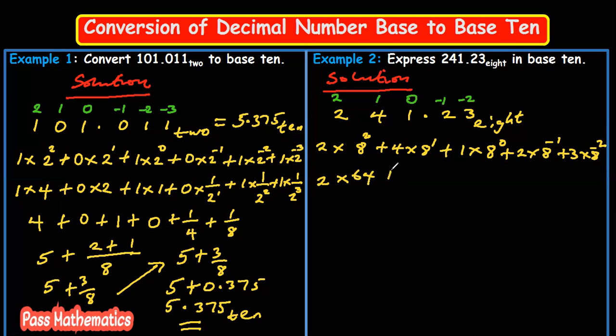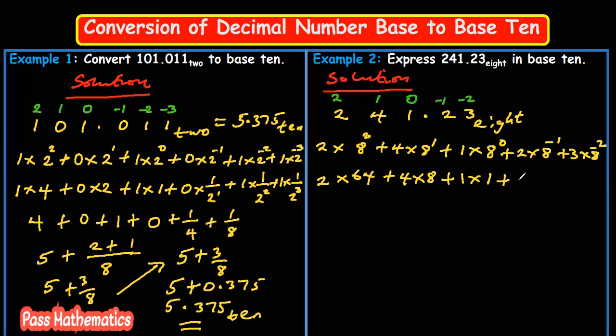Plus 4 times 8 raised to the power of 1 is just 8. 1 times 8 raised to the power of 0 is 1. Anything raised to the power of 0 is 1.